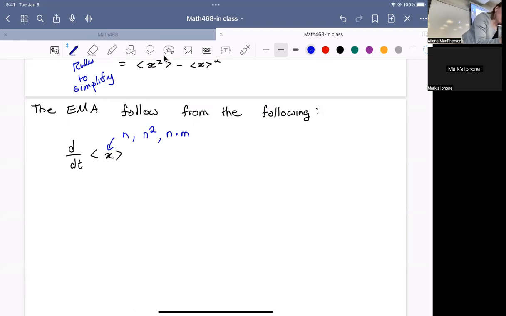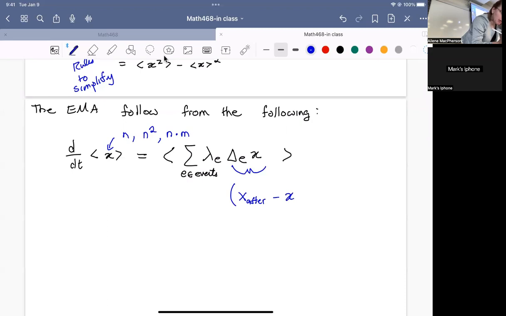This is equal to the expectation over all of the different events that occur, the rate at which event E occurs, and the effect of event E on the random variable x. So when I write delta E of x, what I mean here is x after the event minus x before the event. So final minus initial.